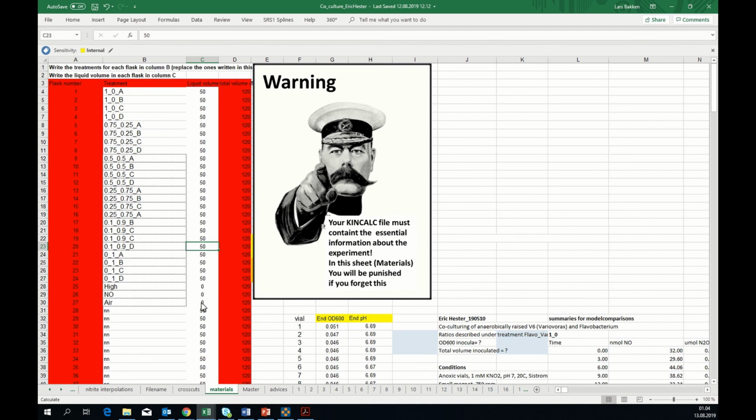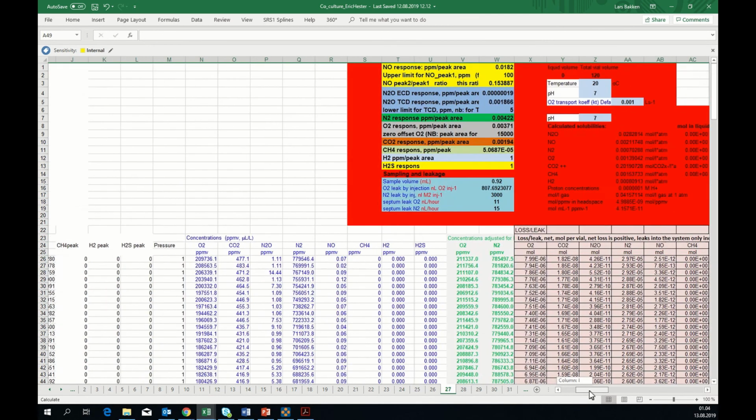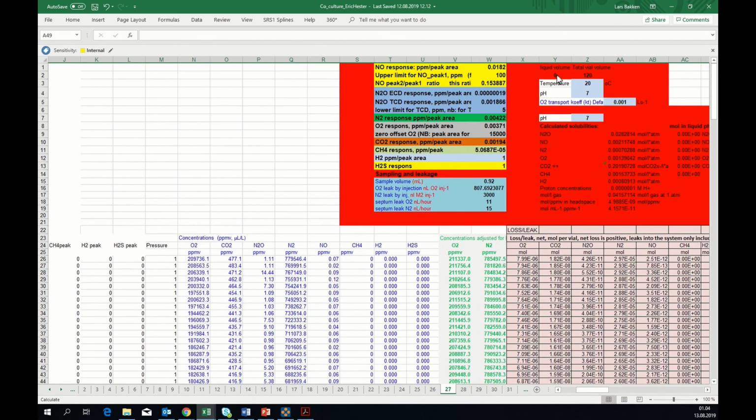I have 3 standards at the bottom here, which are empty vials containing no liquid, but the volume is 120. And if you look into vial number 27, you see that the liquid volume is 0, and the total vial volume is still 120.